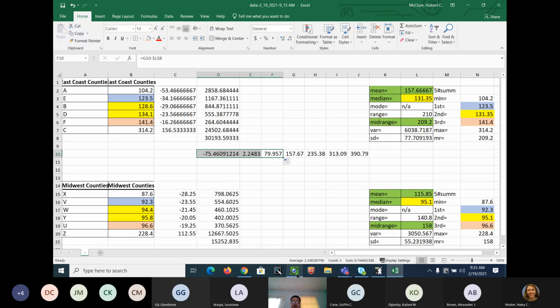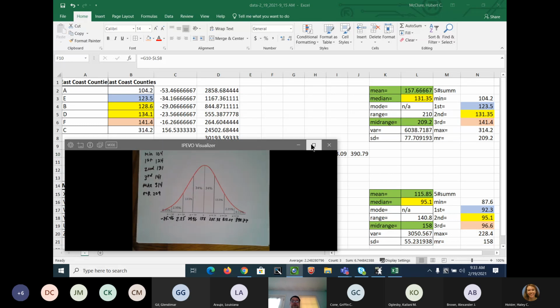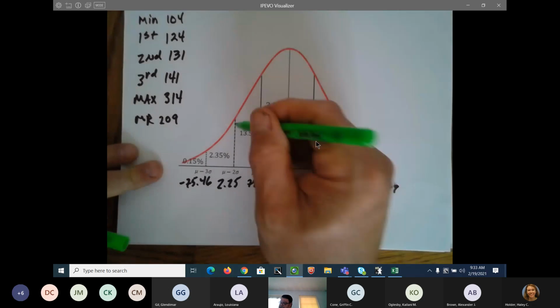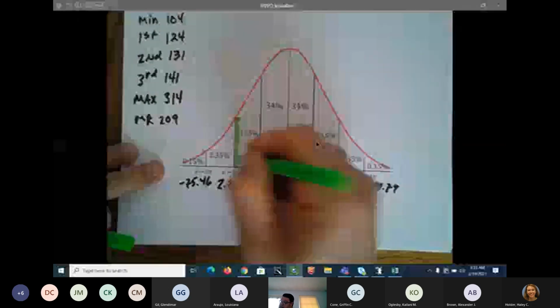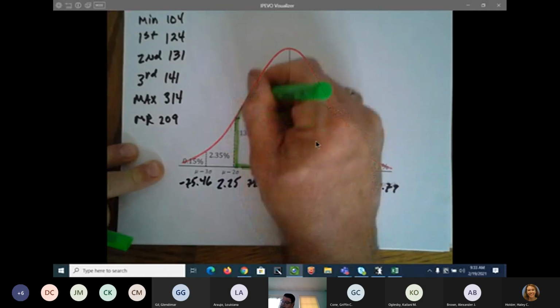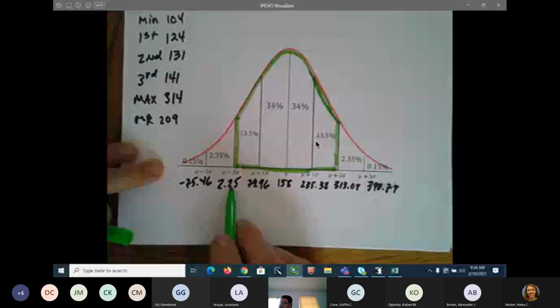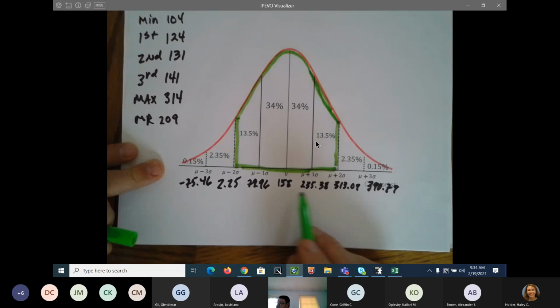All right, so we're going to go back to this, and of course, if they ask any questions, I'll take my handy dandy highlighter. 95% is going to fall within 2 standard deviations, which in this case will be between 2.25 and 313.09.